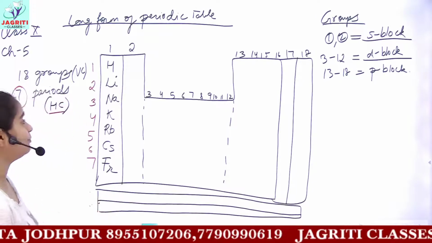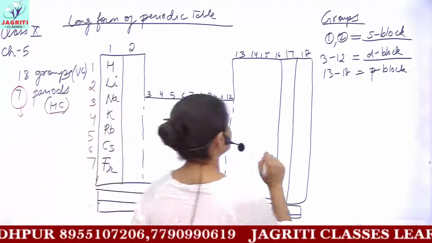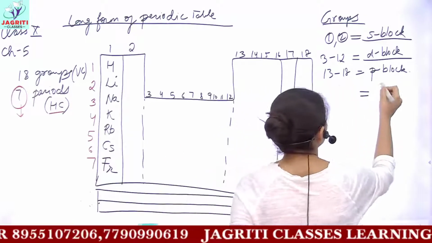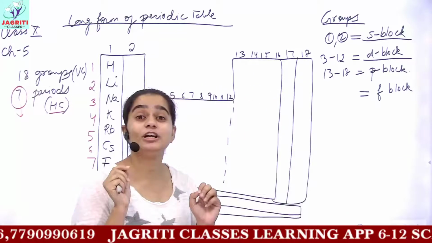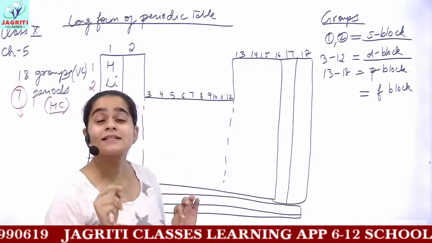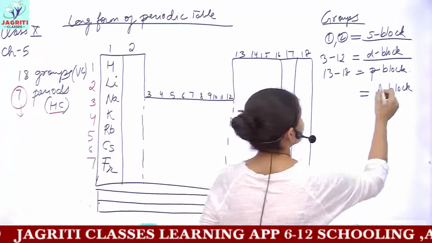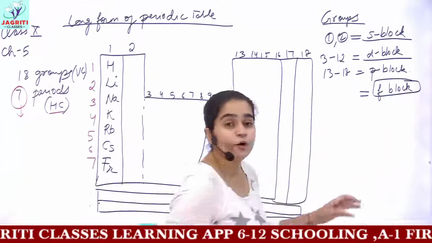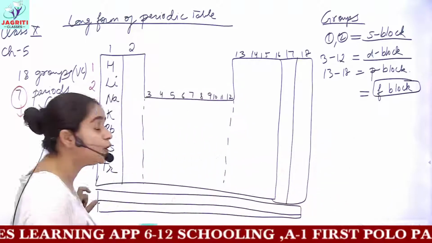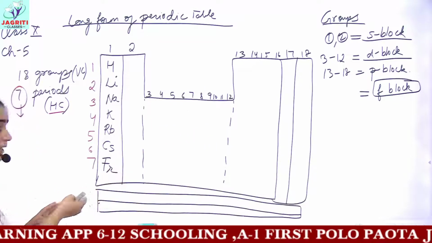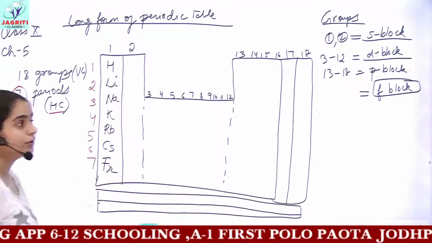This is very important. A question is always asked in exams: to which group and which period does this F block belong, because no group and no period is signified near this diagram.